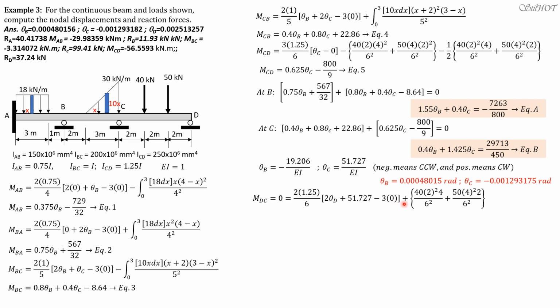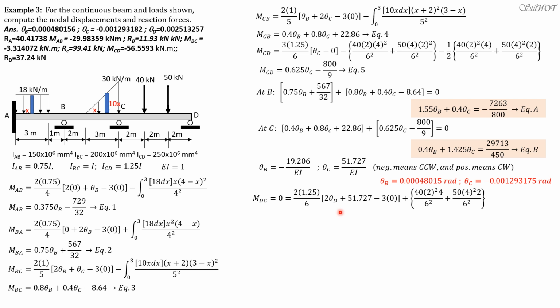And minus 3 times 0, then fixed moments of D, because D is right of C, the fixed moment in the slope deflection equation here is positive. So it is equal to 40 times 4 times 2 square over 6 square plus 50 times 2 times 4 square over 6 square.